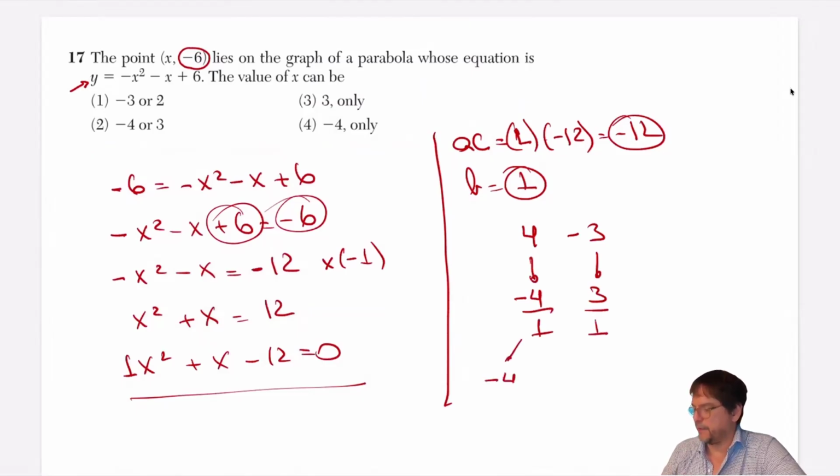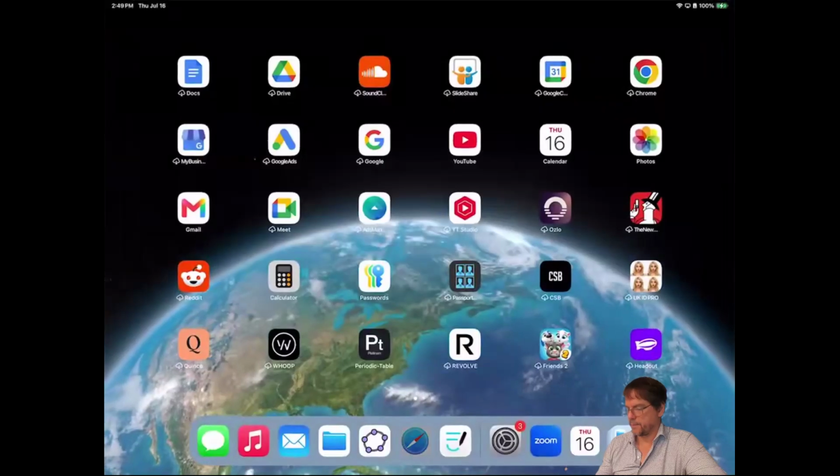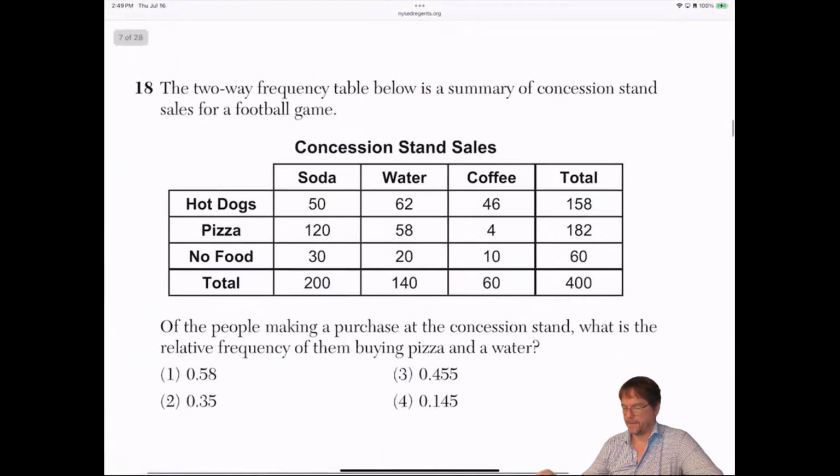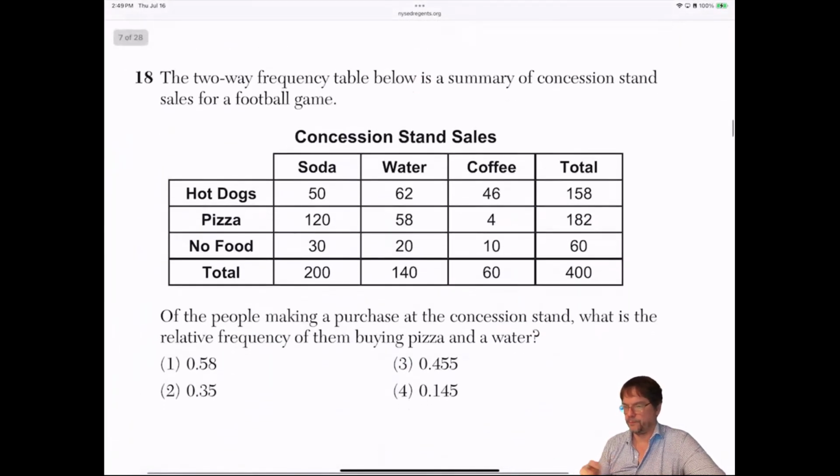So the roots are minus 4 and 3. Okay? So it is the number 2. Is that okay? Okay.